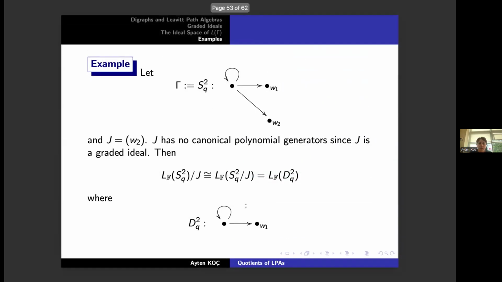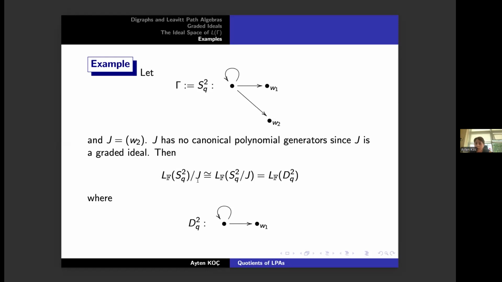And now let's consider another example. Let J be this ideal generated by the vertex we choose. So there is no canonical polynomial, sorry, J has no canonical polynomial generators since J is a graded ideal. So what's the quotient?